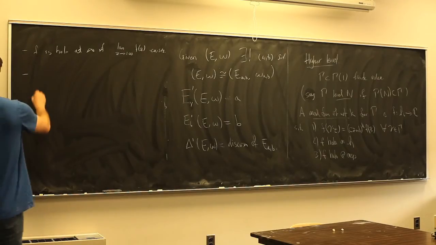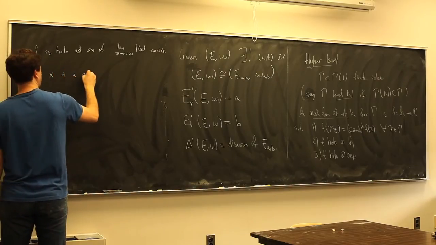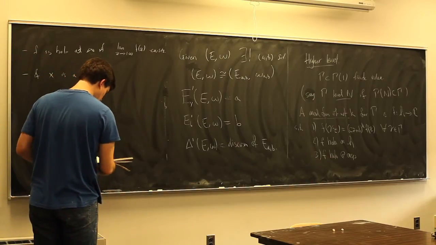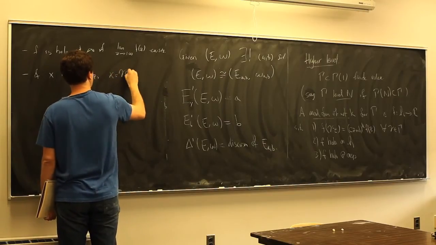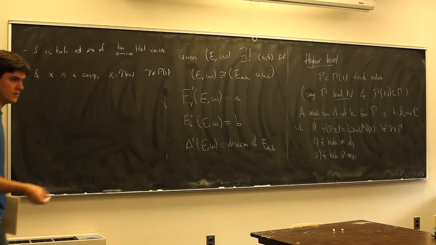So precisely, if x is some other cusp, then you can write x as gamma times infinity for some gamma in not the group of interest, but in SL2(Z).